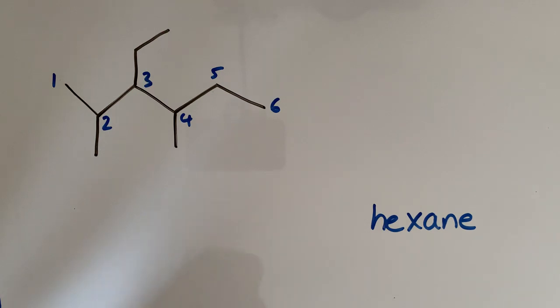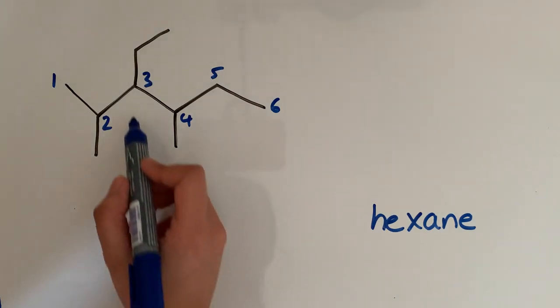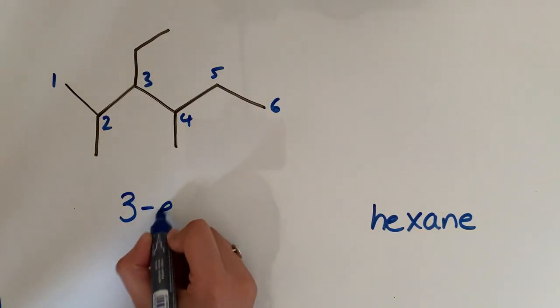So what I've got to do in my name, I've got to decide which one comes first, ethyl or methyl. This comes alphabetically, so out of ethyl and methyl, ethyl is first in the alphabet, and therefore ethyl should be first. So at the beginning of my name, I need to put my ethyl in. So ethyl is coming off of carbon 3. So at the beginning, I should have 3 ethyl.